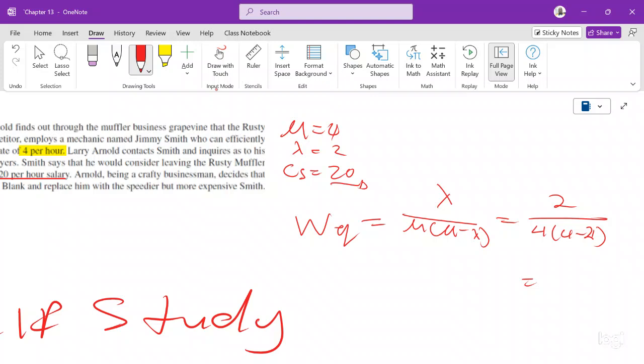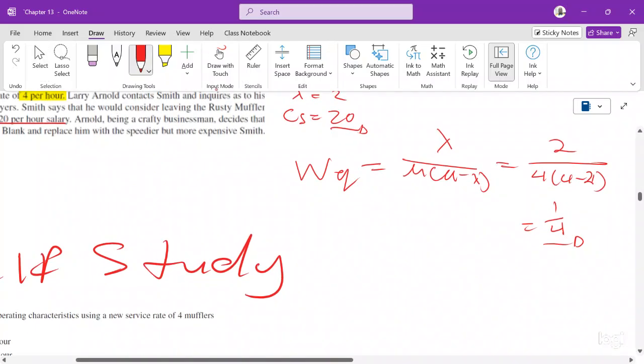Then the answer is 1 over 4. Then we now know our answer for waiting, and then we need to do the total cost.